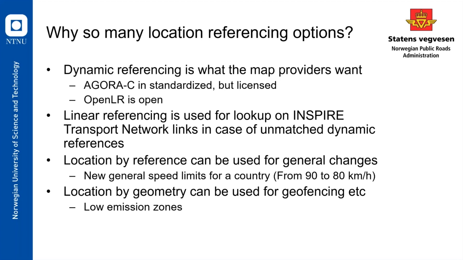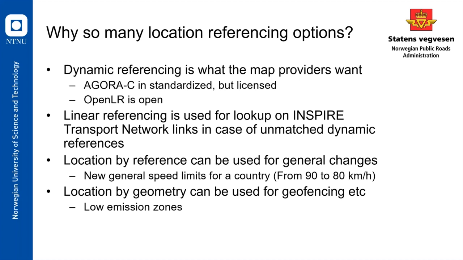Like if someone receives a data set from Norway and finds a speed limit referring to some road section that's not in their database, they can use the INSPIRE Transport Network data set to identify that link through linear referencing, because linear referencing is the location mechanism that's used in INSPIRE Transport Networks.